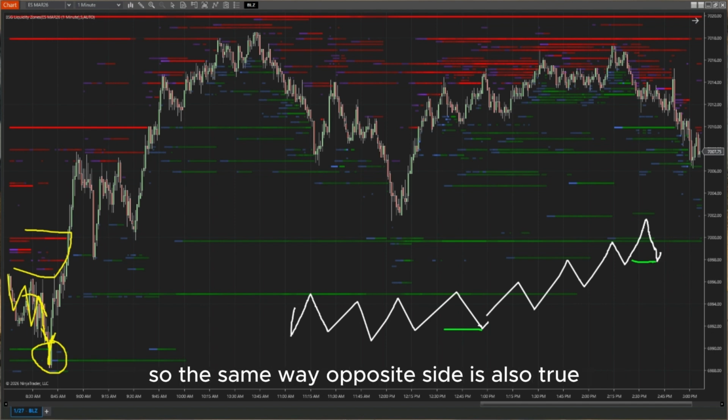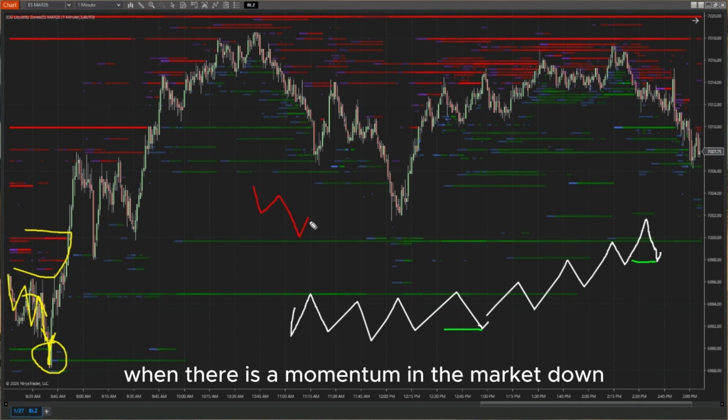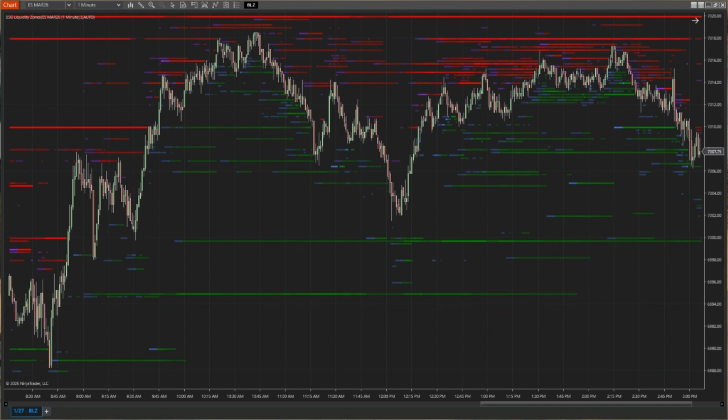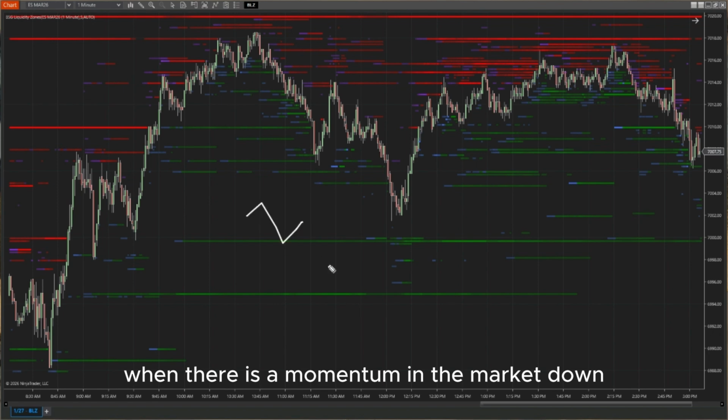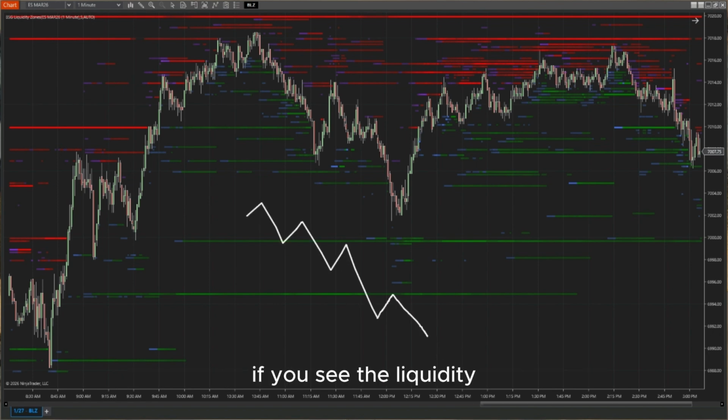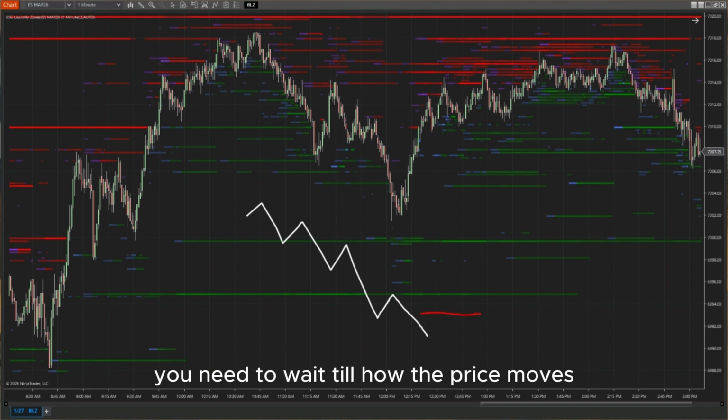So the same way, the opposite side is also true. When there is momentum in the market down, let me use a different color. When there is momentum in the market down, if you see the liquidity start to build something like this, you need to wait and see how the price moves.